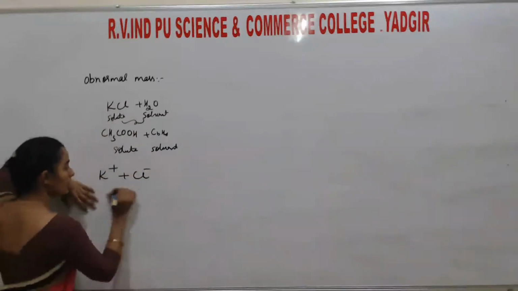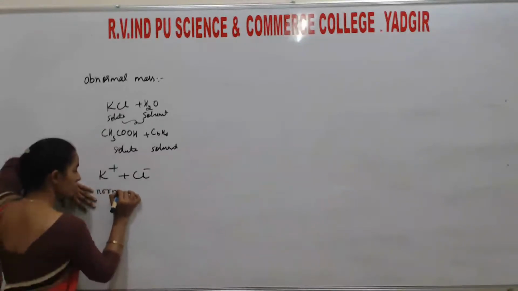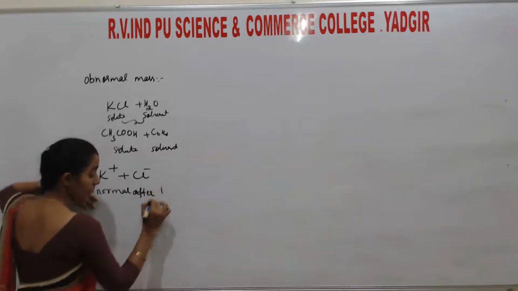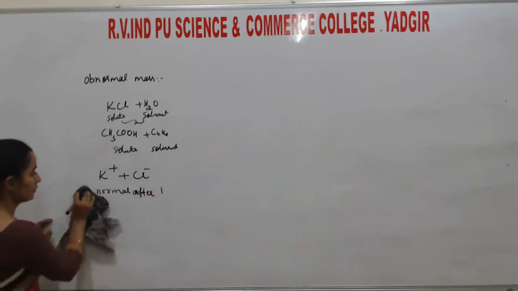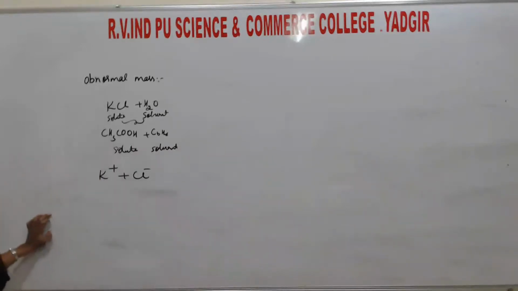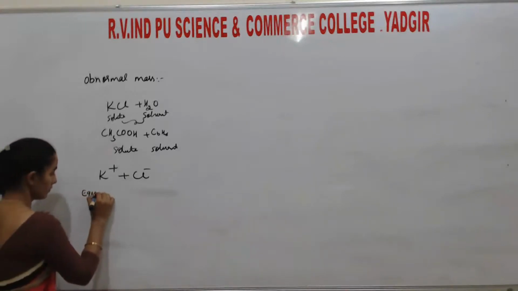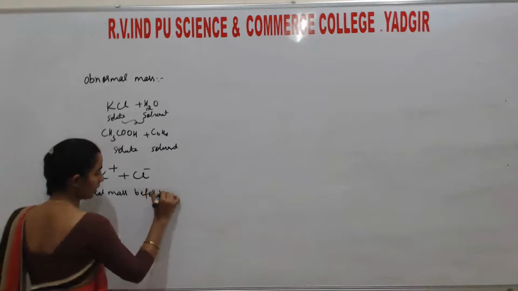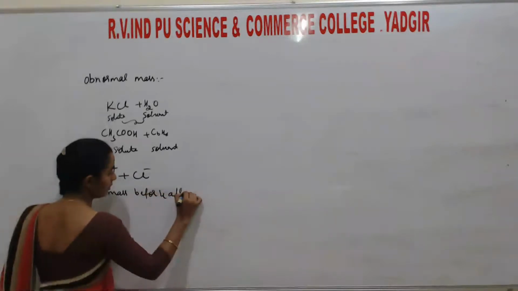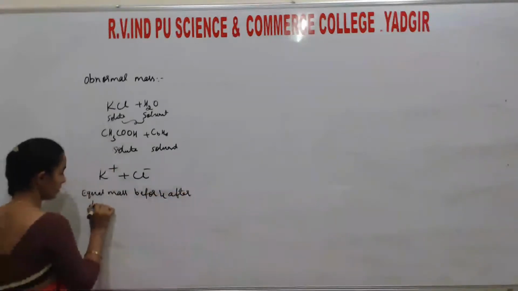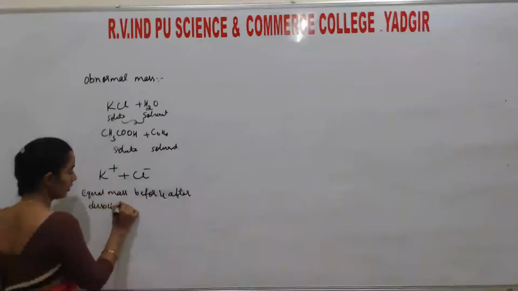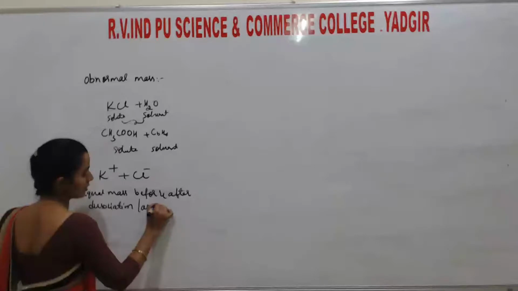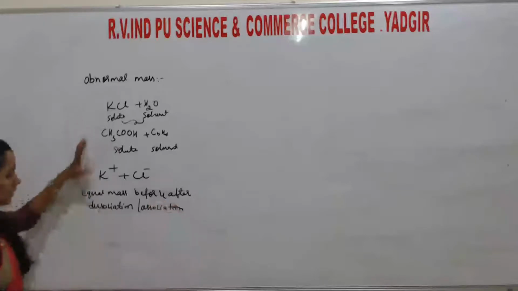We will get the normal mass, equal masses before and after dissociation or association. Okay, so this is one thing.